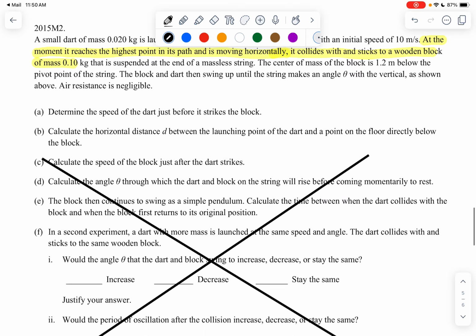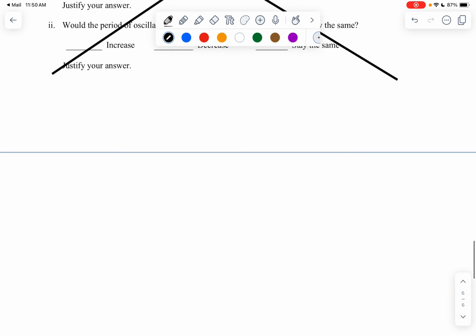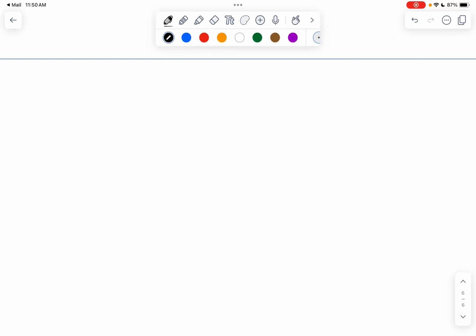So what we can do with this is set up again our x and y projectile motion table.